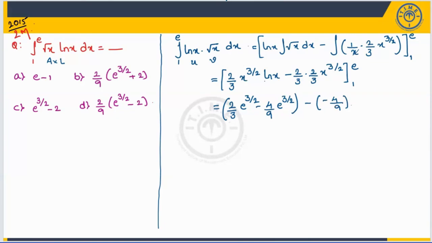So 2 by 3 minus 4 by 9, that is 2 by 9, into e to the power 3 by 2 plus 4 by 9. Or if we take out 2 by 9 common, then we are left with e to the power 3 by 2 plus 2. So option B is the right answer.